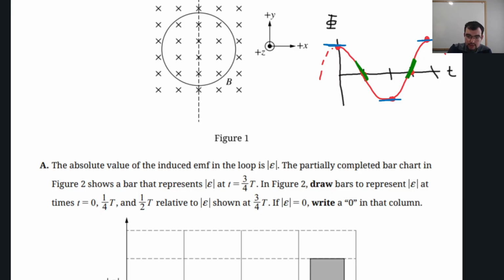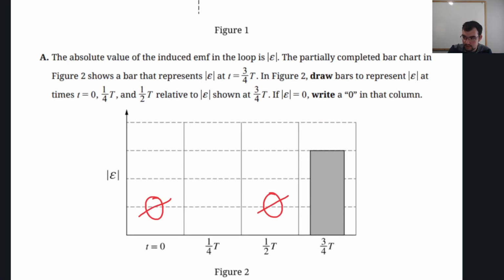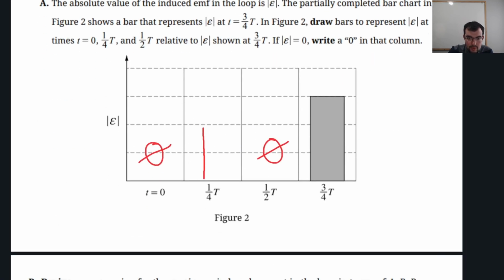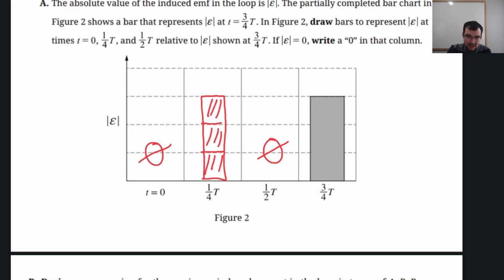So notice that it gave us maximum EMF at 3/4 t, and that's the same thing we see at 1/4 t. So at a quarter cycle, it's going to maximize its EMF, because again, we're just looking at the slope. I think it's actually way easier to do part B first and then try to fill out the chart from there.